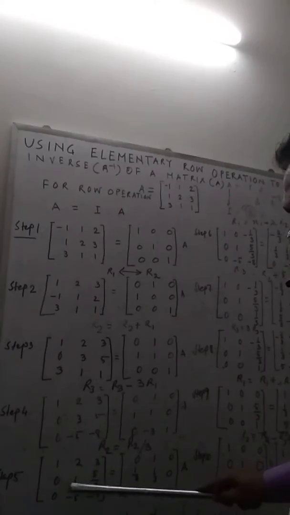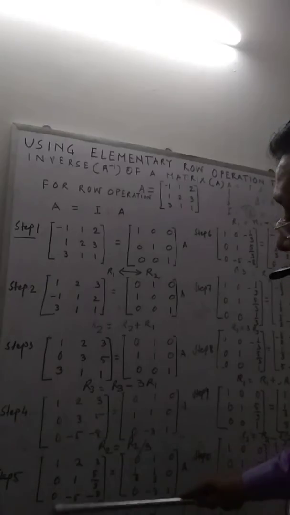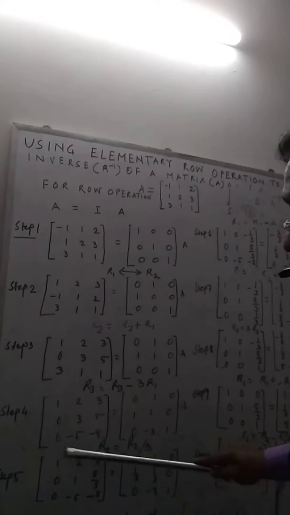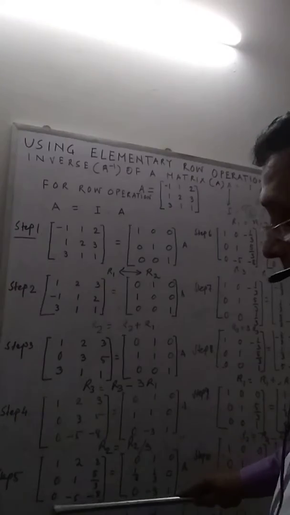This was my target. Whenever I did this, I saw the next step is to make this 1. Always remember, first I will change this into 1, then I change the entire column. In the first column also, by row operations, I changed the first entry to 1, and then the entire column I made 0.